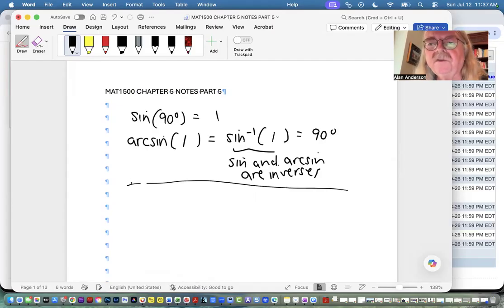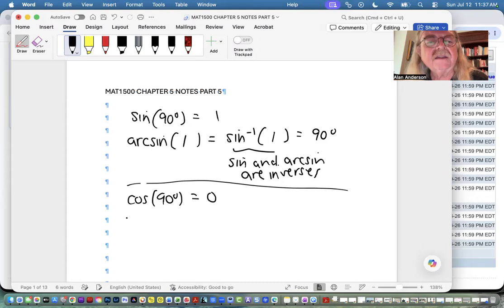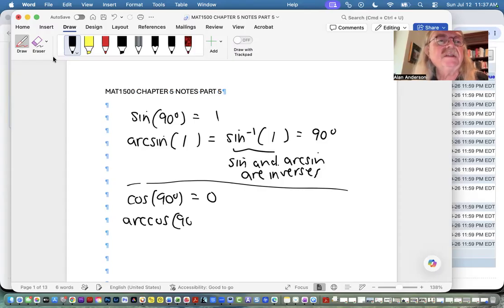And of course, there's one for all the trig functions. They have an inverse. For example, if the cosine of 90 turns out to be 0, then you could turn around and say that the arc cosine of 0, not 90, 0, would be 90 degrees.